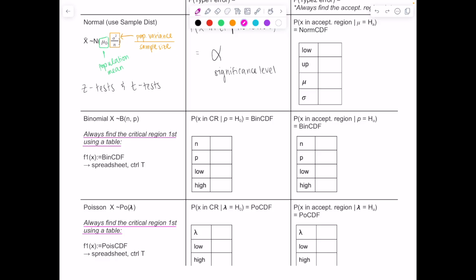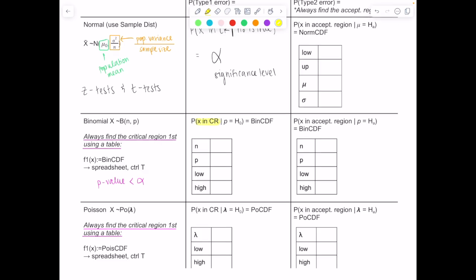The critical value is the first value that has a probability or a p-value that is less than your significance level. That is always true. Your critical region depends on your alternate hypothesis, so it's either going to be greater than or equal to your critical value or less than or equal to your critical value.